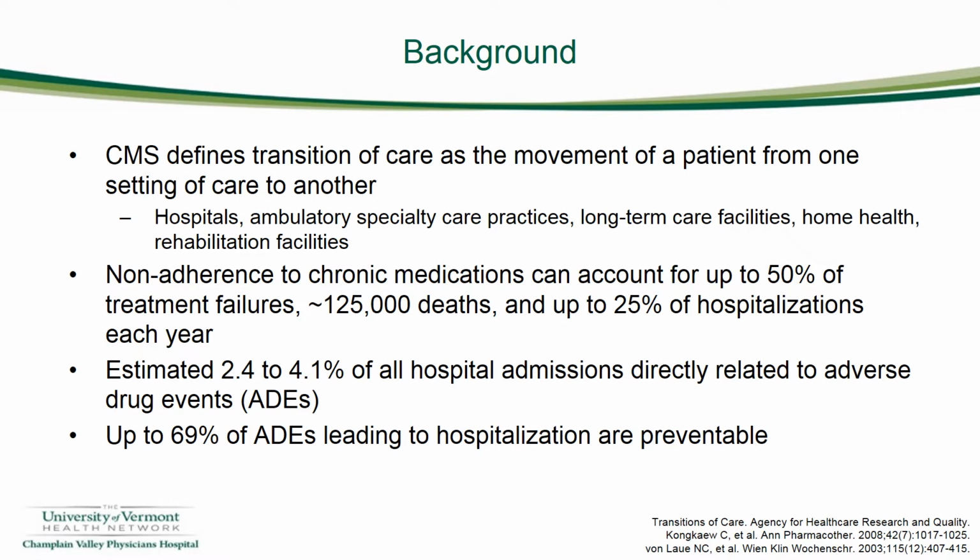As we can see, non-adherence in general to chronic medications, according to the World Health Organization, can account for up to 50% of treatment failures, roughly 125,000 deaths, and up to 25% of all hospitalizations each year. Further, it's estimated that up to 4% of all hospital admissions are directly related to an adverse drug event, and up to 70% of these adverse drug events leading to hospitalizations are actually preventable.